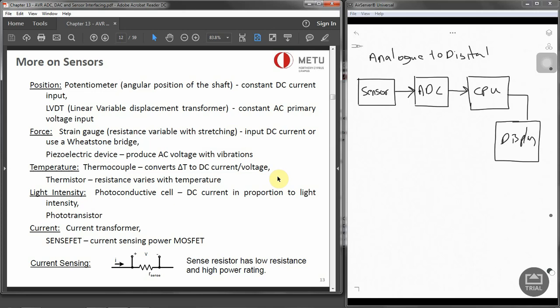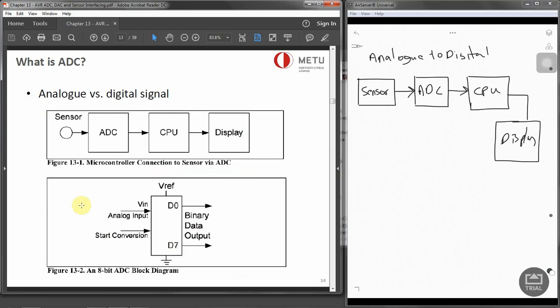In the AVR, we have got an analog input coming in. We have to specify when to start the conversion, and then we have got a binary output value from it. So this is a typical block diagram, again with the reference voltage.